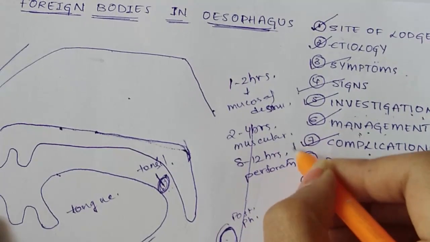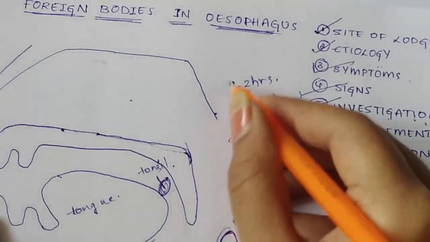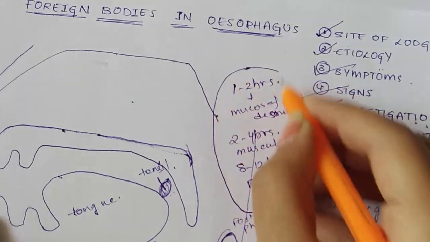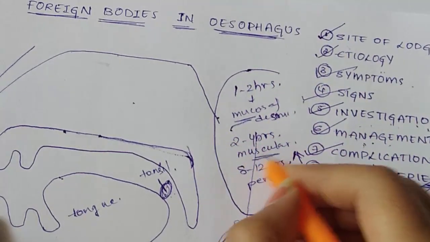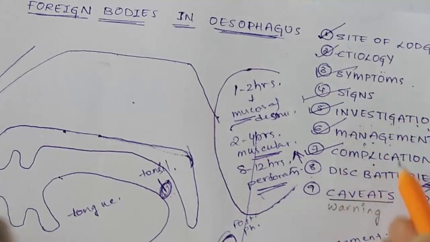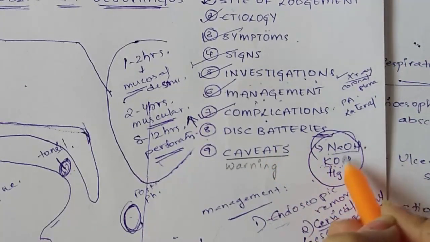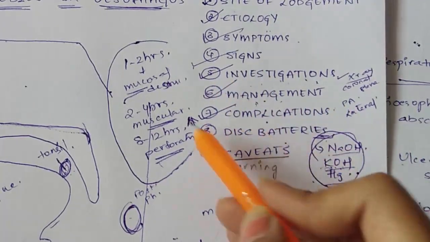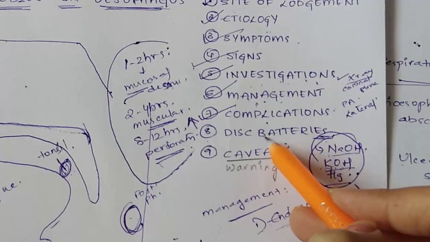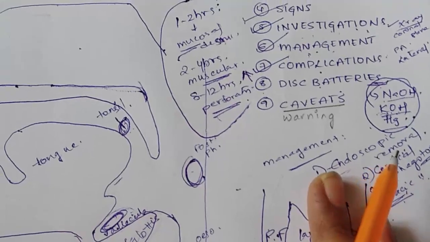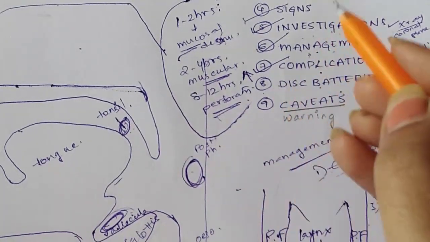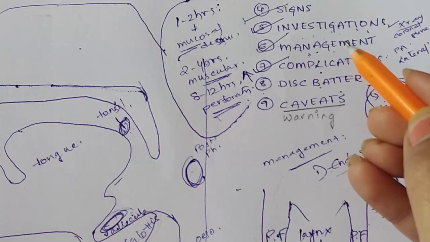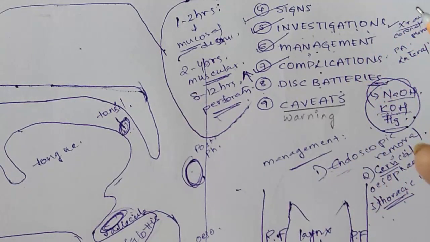So, we have to remove these disc batteries as early as possible, or else there will be destruction of mucosa and muscular destruction, and finally leading to perforation. Because of these sodium hydroxide, potassium hydroxide and mercury, there will be these kinds of adverse effects because of these batteries, and there will be need of surgery when these disc batteries are of more than 1.5 centimeters, and these are seen in children less than 6 years of age.